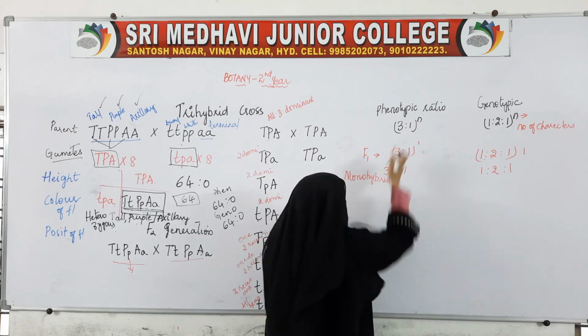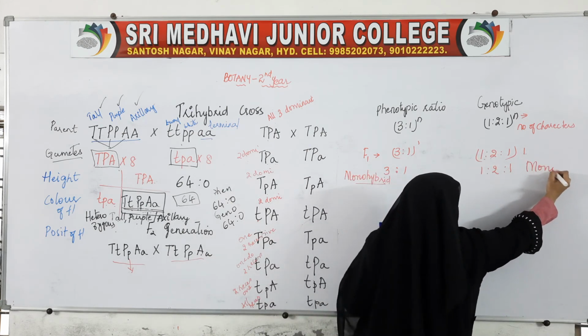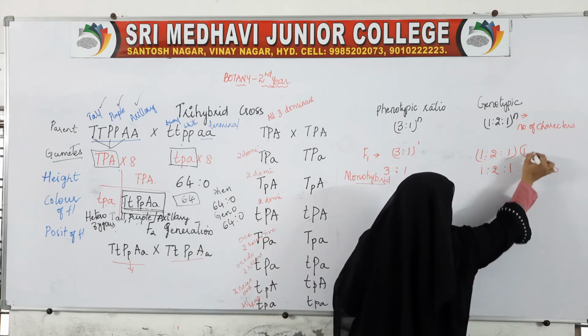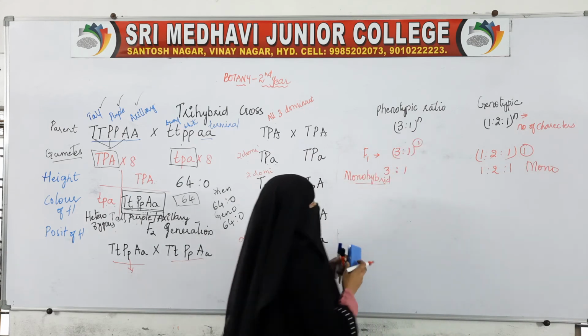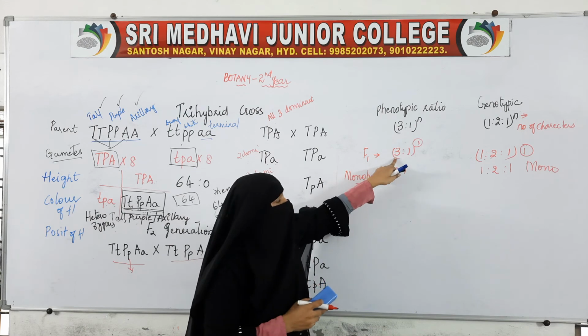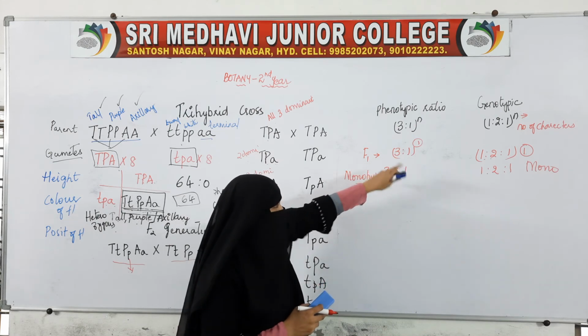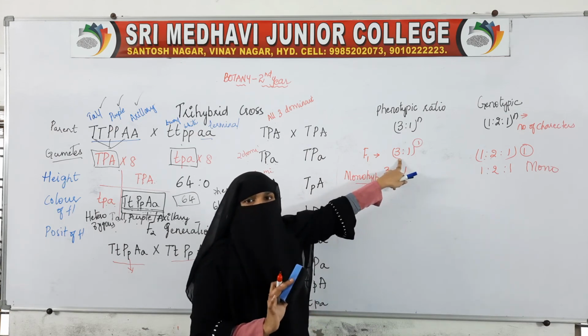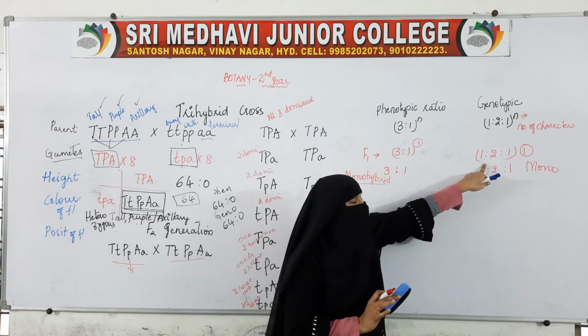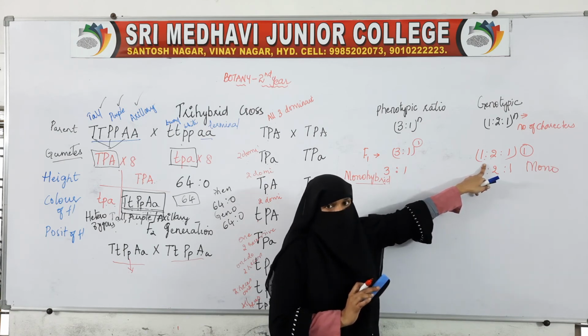This is for the phenotype of monohybrid. This is for the genotype of monohybrid, because how many characters are we taking? 1 character. This is the formula to calculate the phenotypic ratio of a monohybrid cross. This is the formula for calculating the phenotypic ratio, and this is the formula for calculating the genotypic ratio.